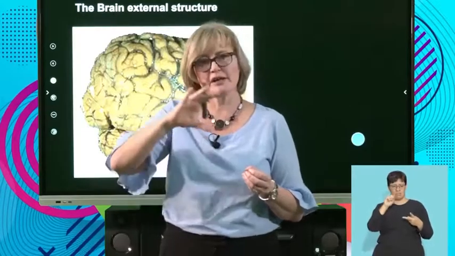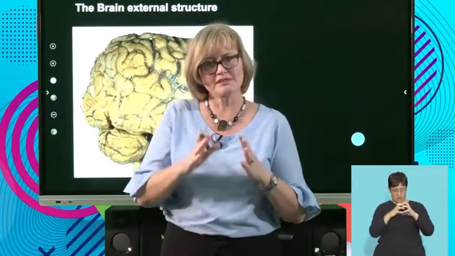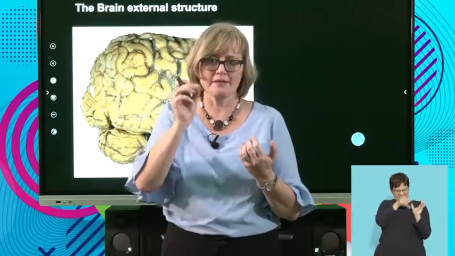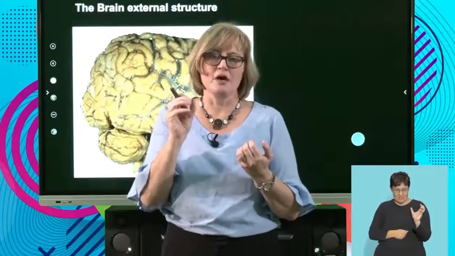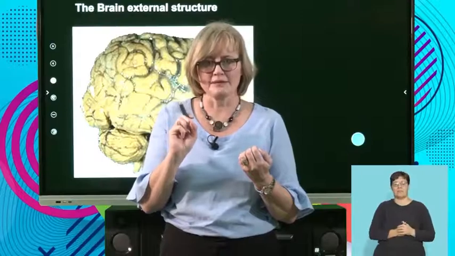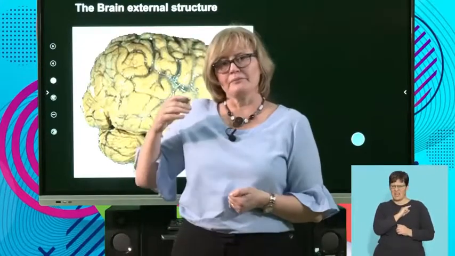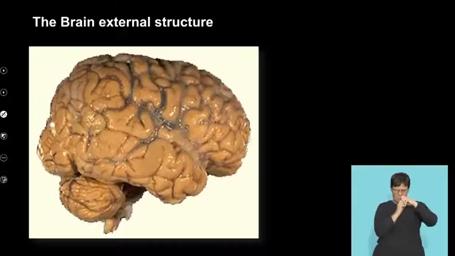So you'll have a greyish tinge on the outside of the brain. If you cut open the brain, you'll see it's white on the inside because that's the nerve fiber part of the nerve cells, which is more white in color, right? And you will maybe think, why is the brain folded? If you look at all these folds here, right?